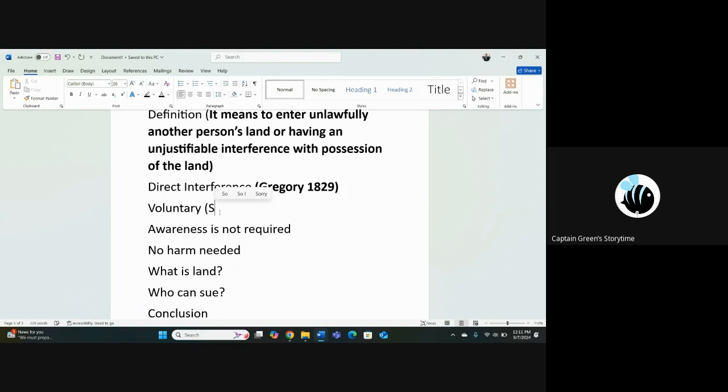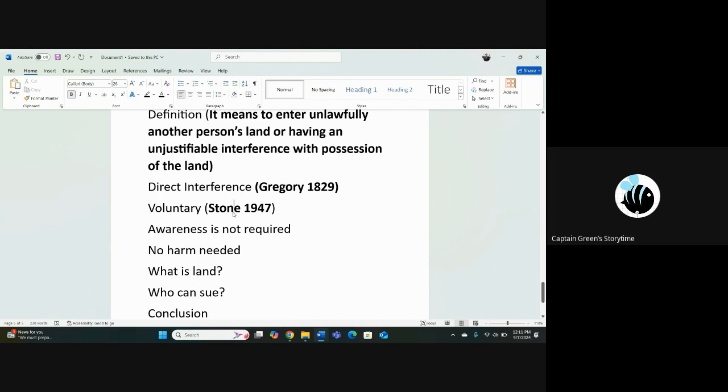You can use the case of Stone v Willis 1947, which stated that if the defendant was brought onto the claimant's land against his will, this will not be a trespass. When you bring a friend to someone's land without his choice or will, it is not a trespass, just because it is not voluntary.